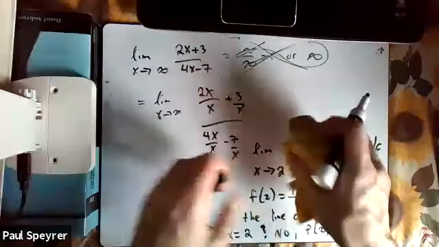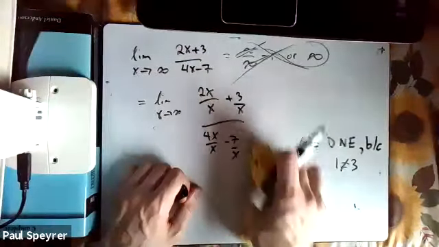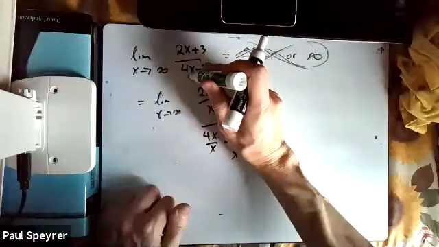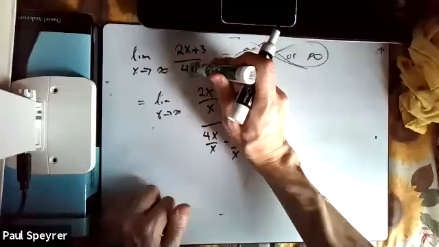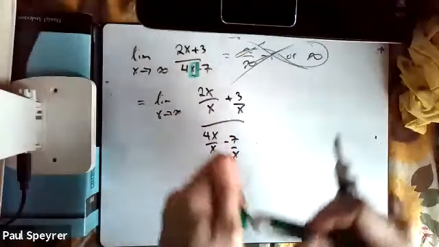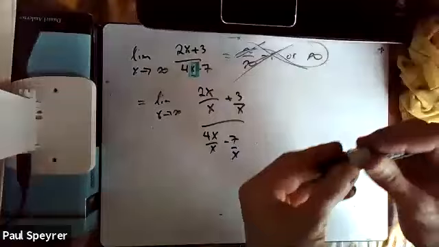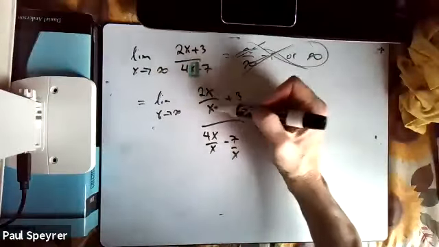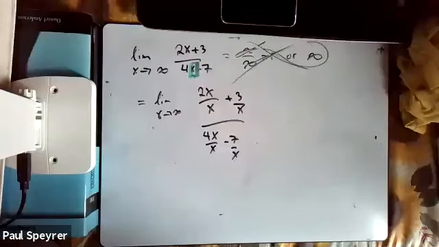And again, it's because x is the highest power from the denominator, not because they were both coincidentally x. That's why we're dividing everything by x the first. If this was 4x squared, we would have divided everything by x squared.